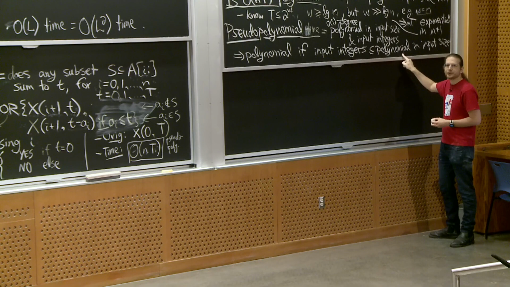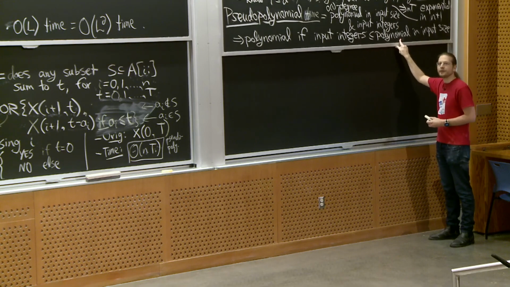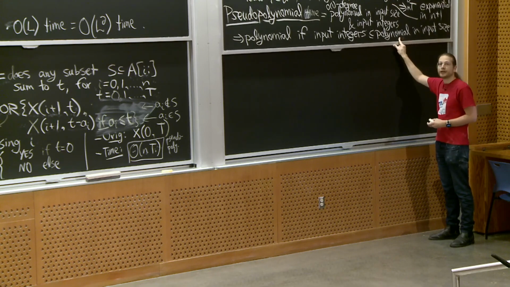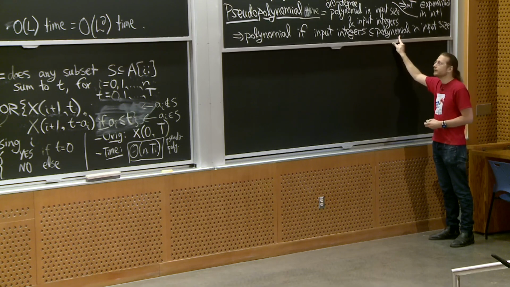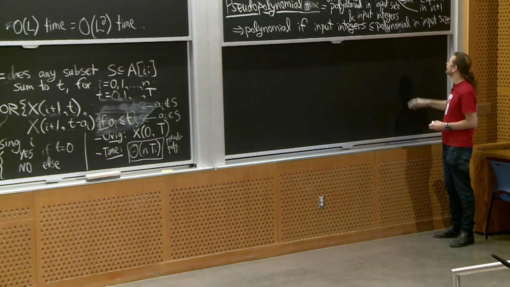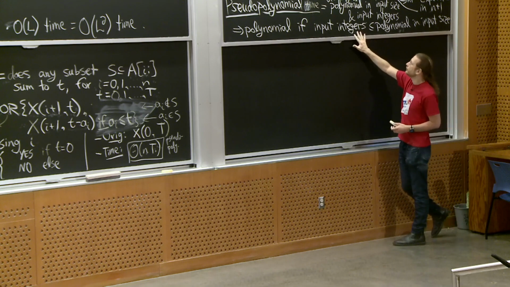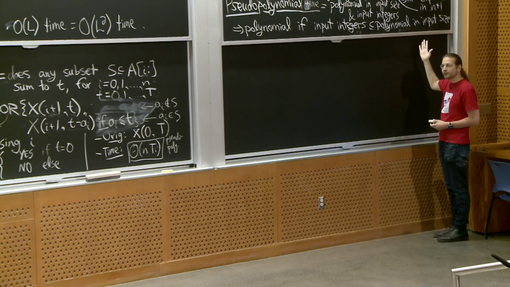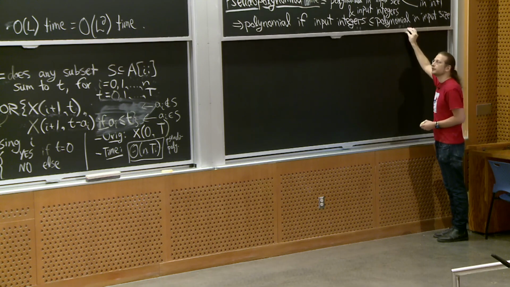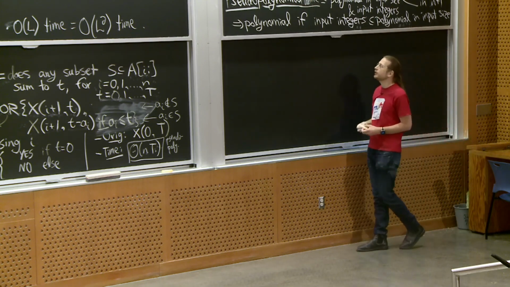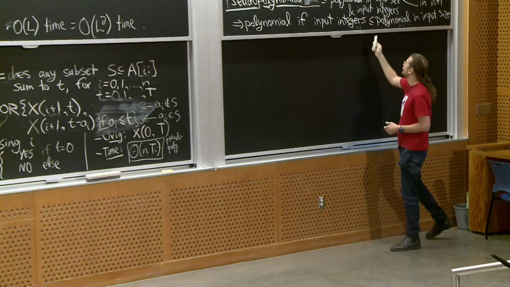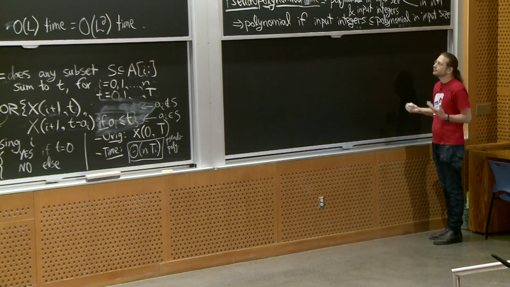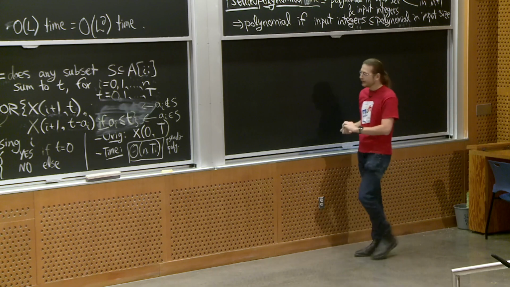This should sound familiar. This is a constraint we've seen before. This is the condition when radix sort runs in linear time. Radix sort runs in linear time exactly when all the input integers are polynomially bounded in n, which is the size of the array, which is the input size. So the same condition is appearing again. This is sort of a fundamental setting to think about.